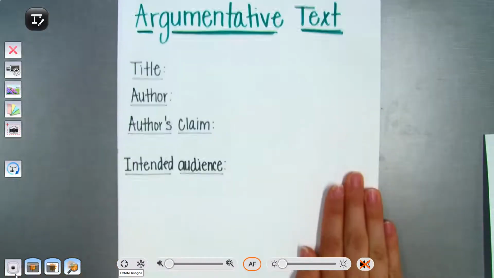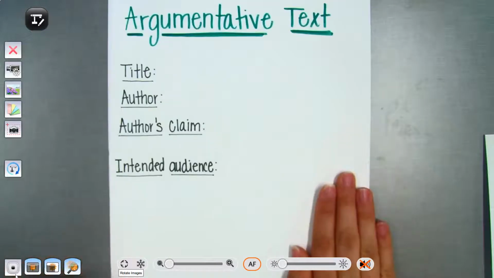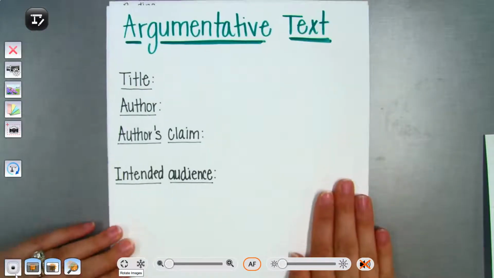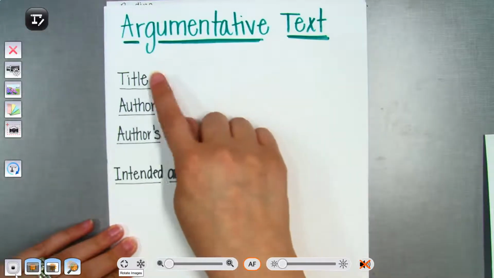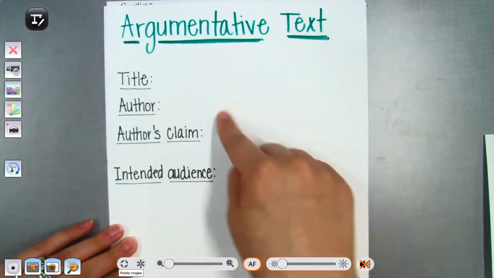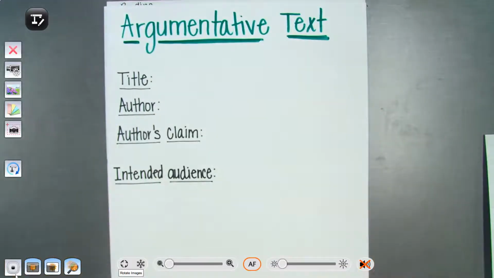So you're not taking the whole piece of paper to write this because we're going to be using this paper tomorrow. We're going to be looking for the title, the author's claim, and the intended audience. So go ahead, pause the video, get this ready to go, and then we're going to start back up.